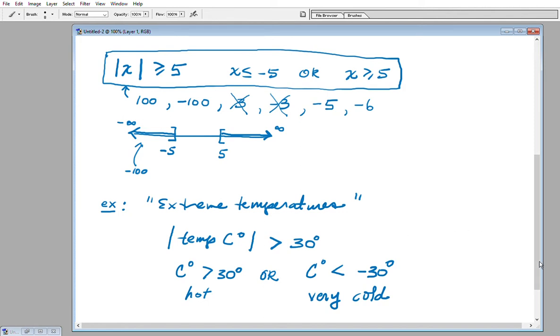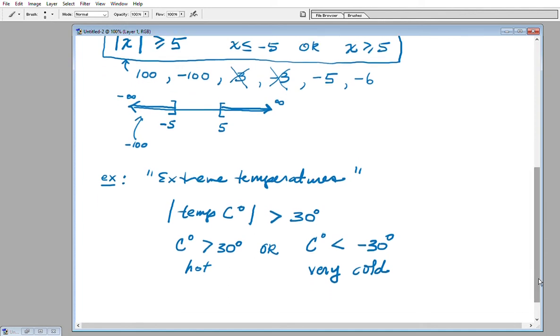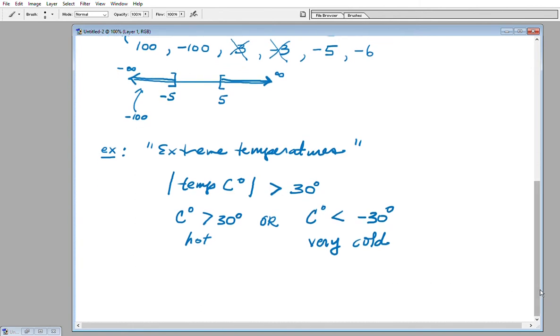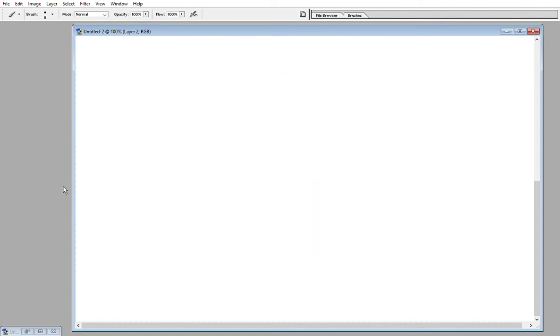Okay, so let's do an example. I'm going to get another blank board. We'll start with a simple example. All right.